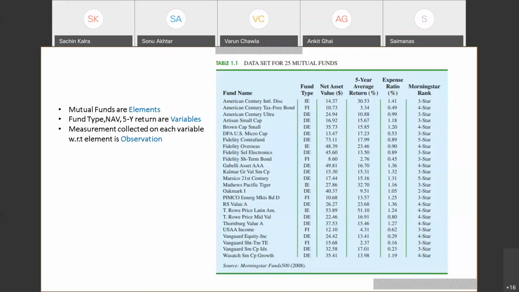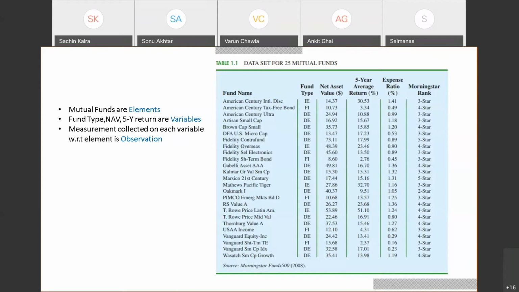I can use these terms interchangeably because I'm not using the number as a magnitude, I'm using the number as a class only. But in case of, let's say, ordinal data, the rank, I cannot just assign rank 4 to a mutual fund which is actually rank 3, right? So that is how the magnitude of the observation matters.